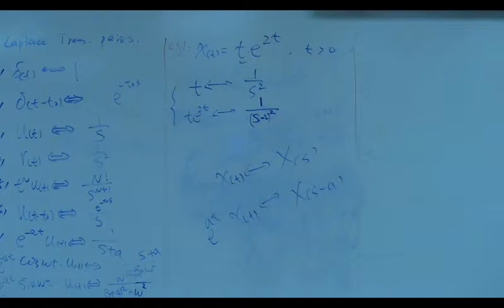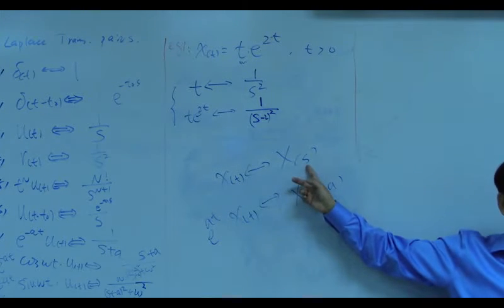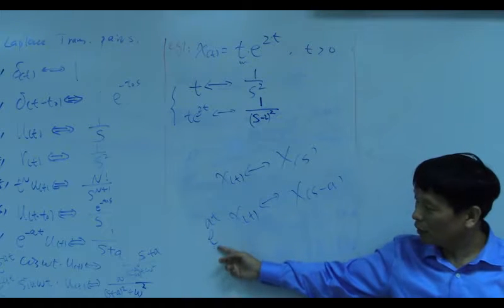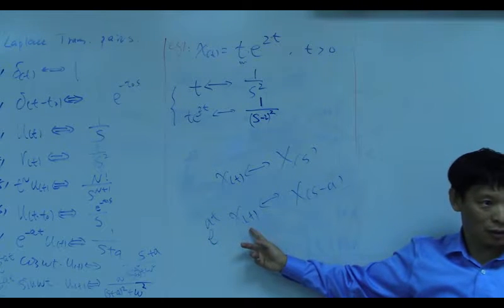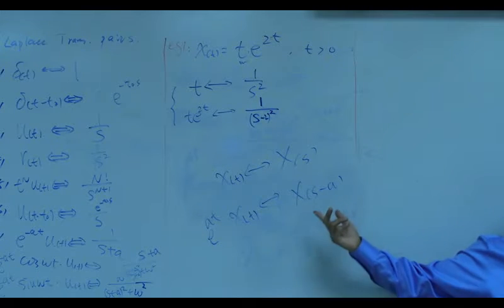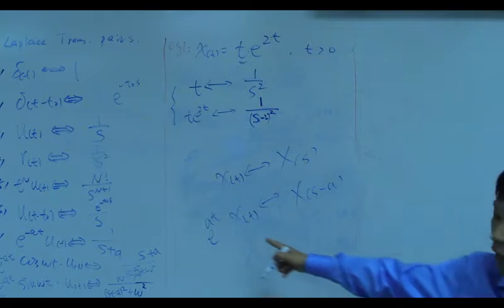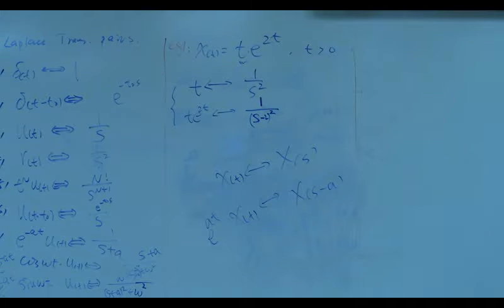Question? What property is that again? The property is, if we know x(t) gives us X(s), then you multiply the original signal by e to the exponential, this one will keep the same form but replace s with s minus a. That is called multiply by complex exponential.